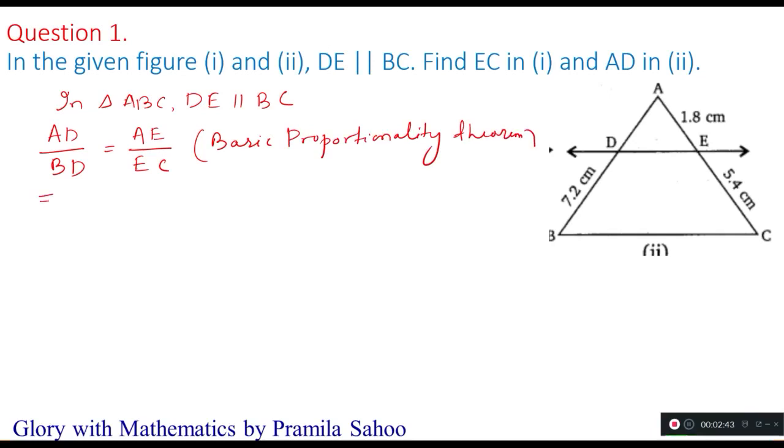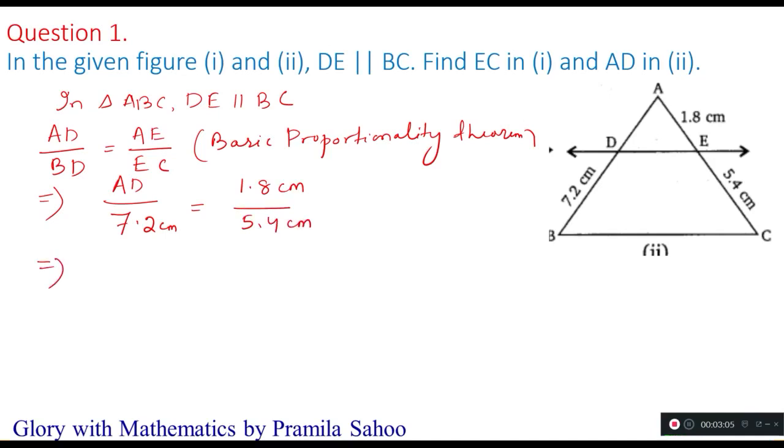So now you put the values. AD is not given. So AD by 7.2 centimeter is equal to 1.8 centimeter divided by 5.4 centimeter.